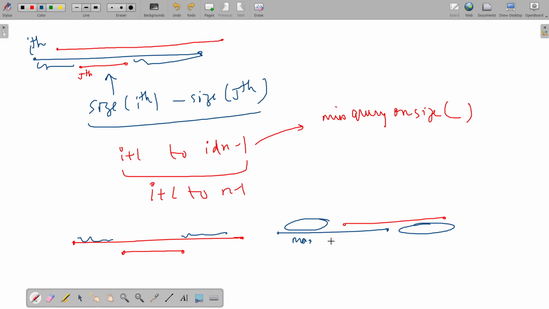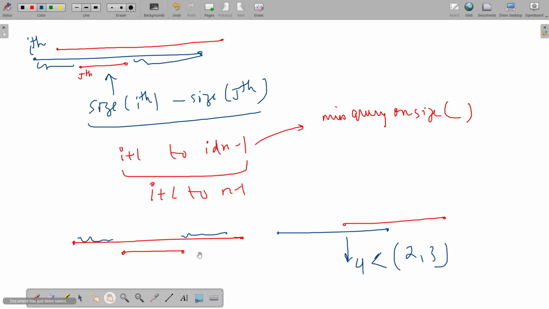If you subtract their two sizes, the resultant will be less than the answer which would have been obtained by case 2 and 3. So the answer for this case 4 would have been less than the answer for case 2 or 3. And since we are taking the maximum, this would get ignored. One of these two will be used. So that's why it doesn't really matter. You don't really have to worry about the ranges.